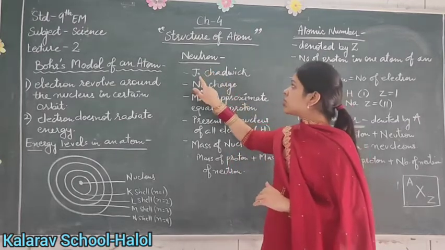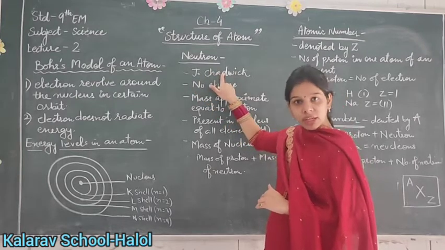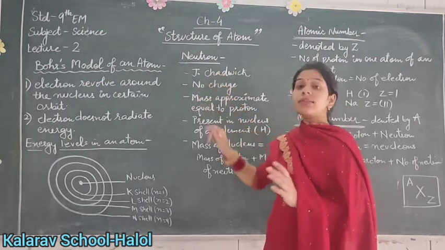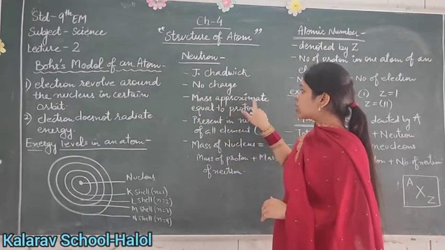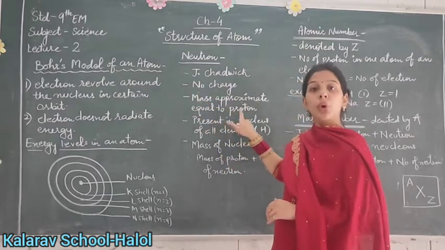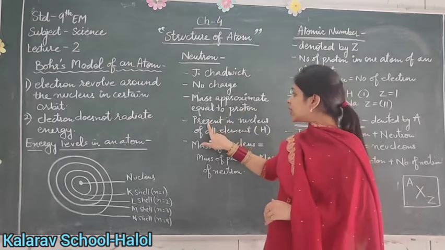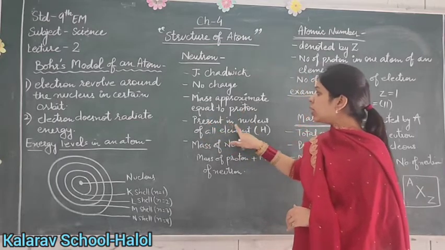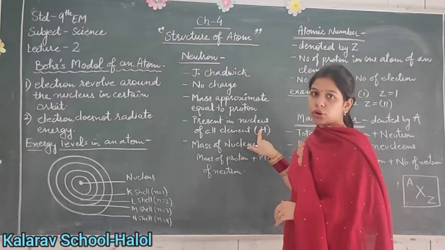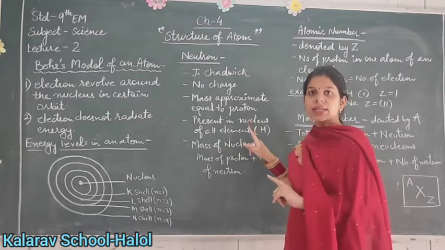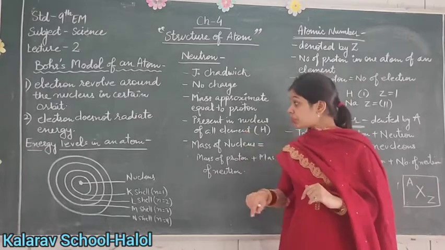Neutron was discovered by J. Chadwick. Neutron has no charge, and its mass is approximately equal to that of a proton. It is present in the nucleus of all atoms except hydrogen. It is discussed in the next article.